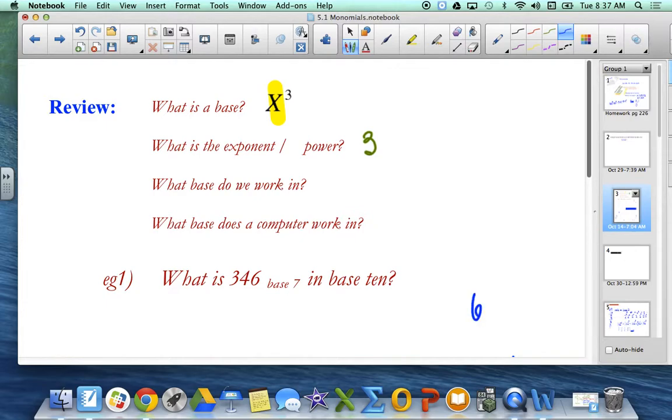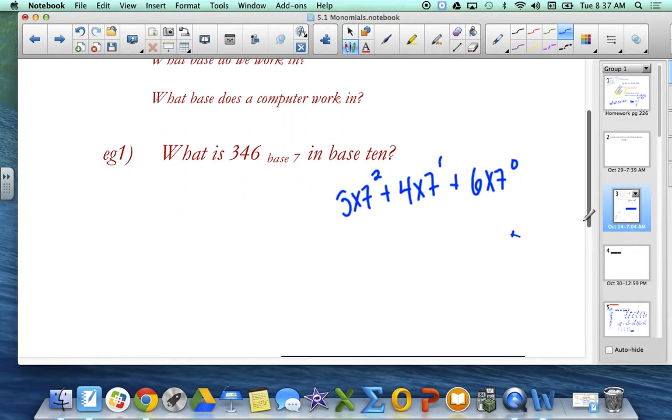So it's 6 times 7 to the 0 power plus 4 times 7 to the first power plus 3 times 7 to the second power. So that number, 346 in base 7, would equal what in base 10? Well, that's 3 times 49 plus 4 times 7 plus 6 times 1.